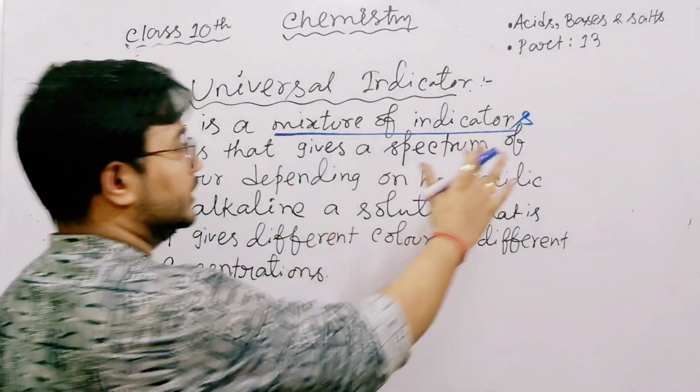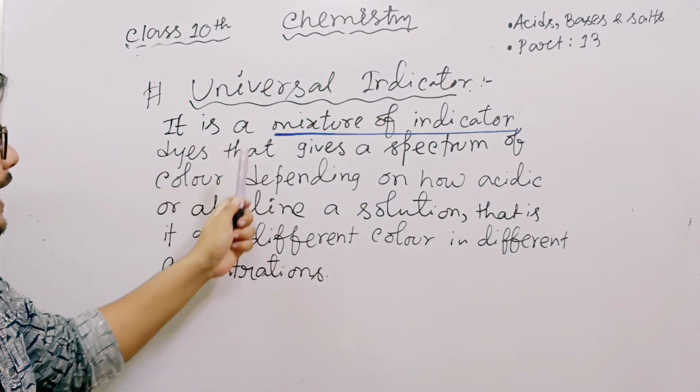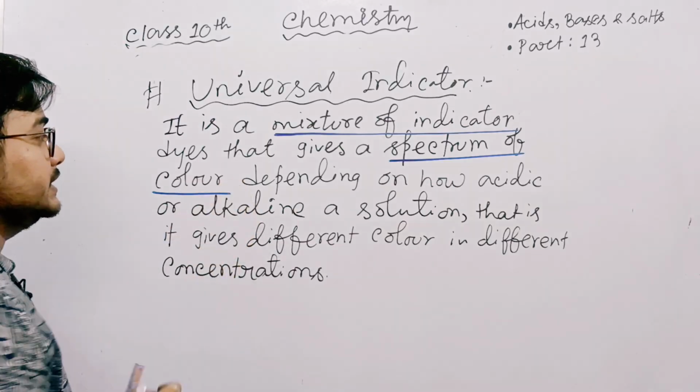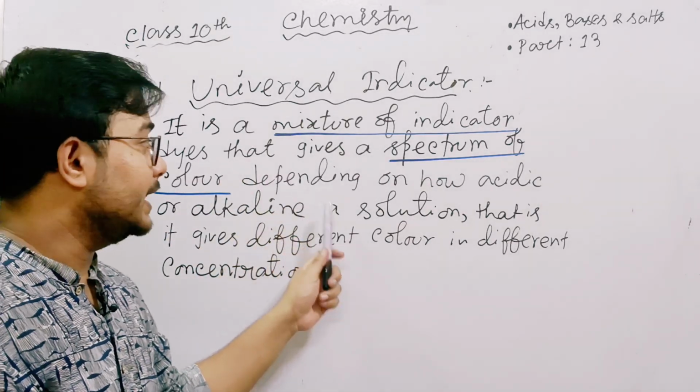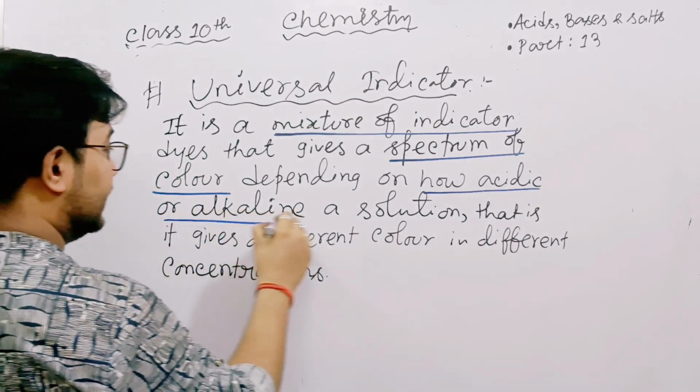Dyes. Okay, here dyes is written. So indicator dyes give a spectrum of colors. This is the keyword: spectrum of color depending on how acidic or alkaline a solution is.